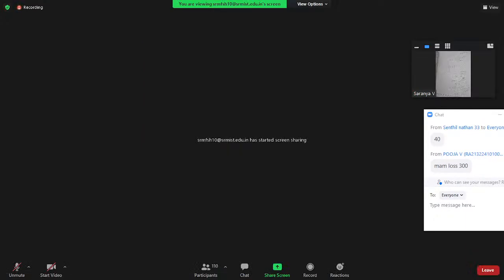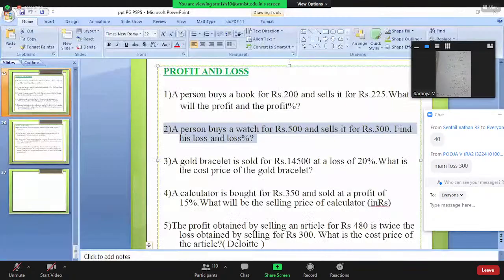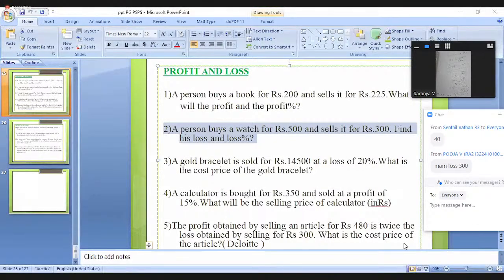Third question. A gold bracelet is sold for 14,500 rupees at a loss of 20 percentage. What is the cost price of the gold bracelet? Now post your answer. How much percentage do you have to find?